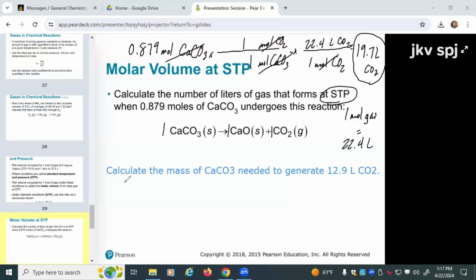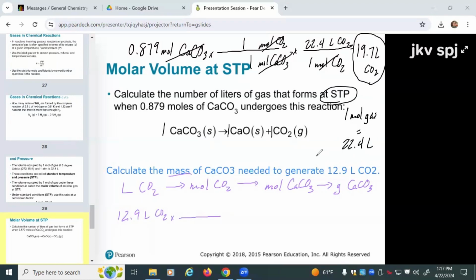I would need to go from liters of carbon dioxide into moles. I would need to go from moles of carbon dioxide to moles of calcium carbonate. Since this time I'm being asked for a mass, I would need to turn that into grams of calcium carbonate also. Starting with my volume of carbon dioxide, my first step would be the conversion to moles.